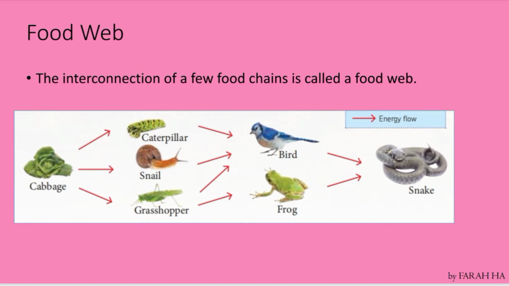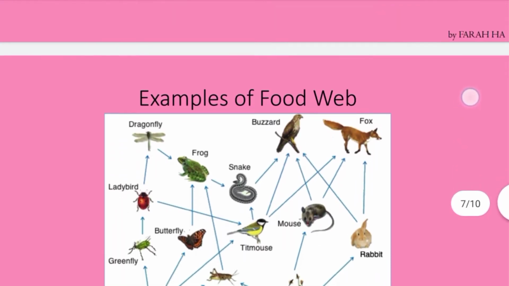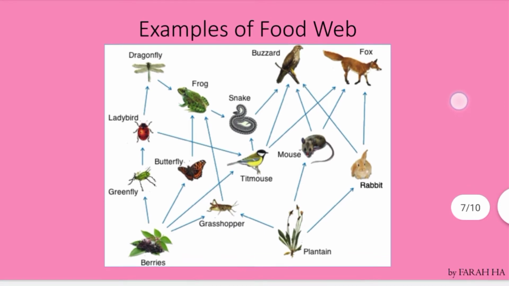So the primary consumer will be eaten by secondary consumer, which is bird and frog, and the tertiary consumer will eat the secondary consumer, which is bird and frog. So the tertiary consumer is a snake. Yes, so combination of food chains will develop a food web.